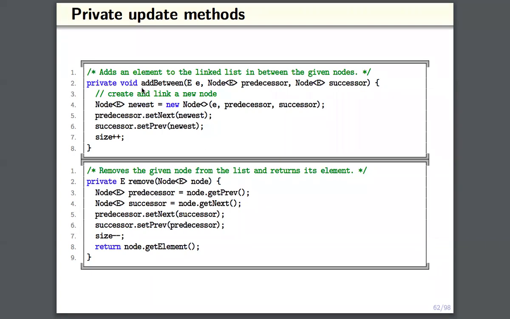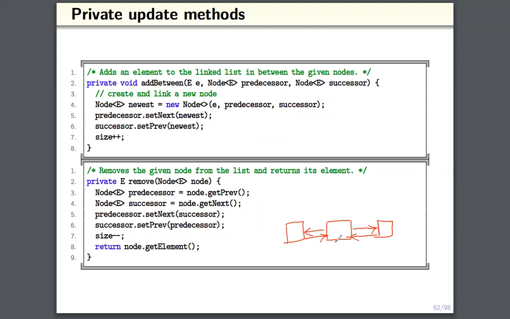Why do we have add between here, but we don't have a remove between? Right? We will see. Suppose you have this node, you want to delete. Okay, let me write the predecessor, successor, everything.